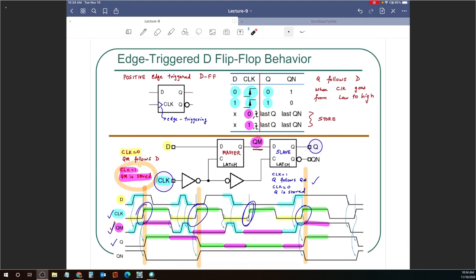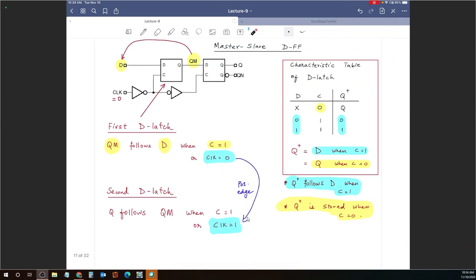And we proved that by going through the timing diagrams, and we also looked at the analysis of the master-slave D flip-flop. We looked at the first D latch, then we looked at the second D latch using the characteristic table. We went through this in a lot of detail. So it's been a while. If you need to review that, just go back to the previous lecture, the last maybe half an hour or so, and play it on 2x speed to quickly review this at a later time.